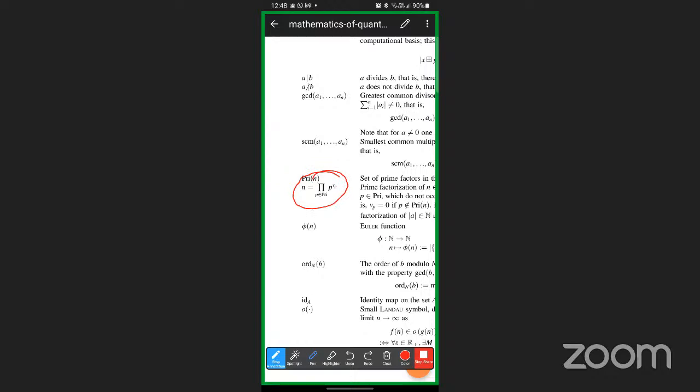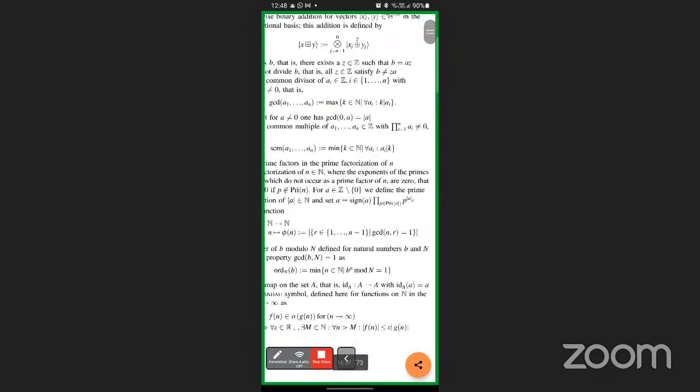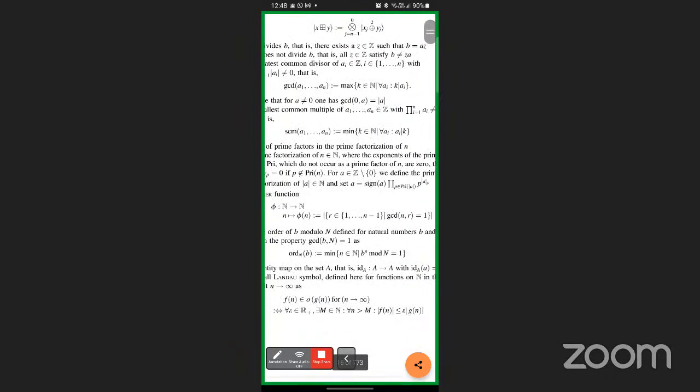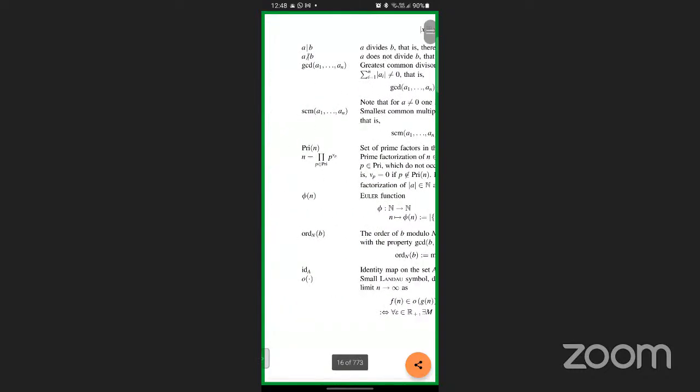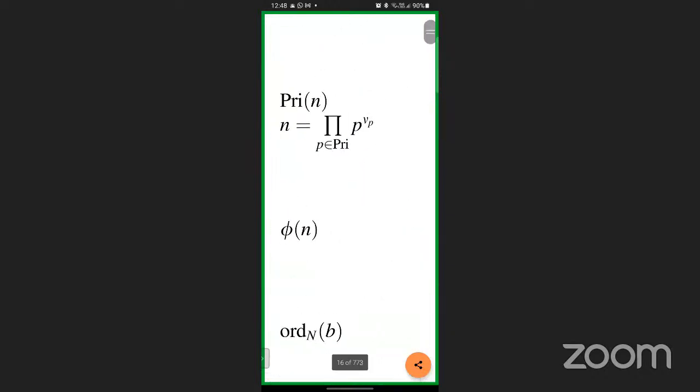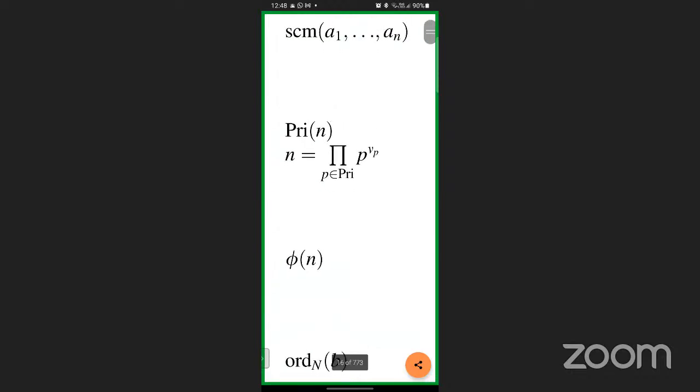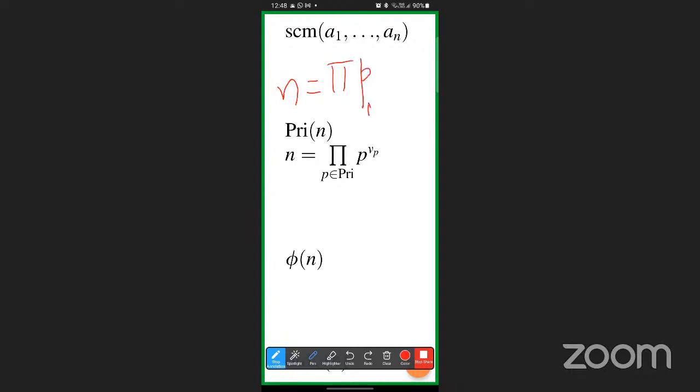I calculate phi of n as, let me check if it is given here. He just defined it, but he hasn't given the formula. The formula is, he has made it too complicated. So this is the first prime p1. Suppose I have n equal to the product of pi to the power alpha i.